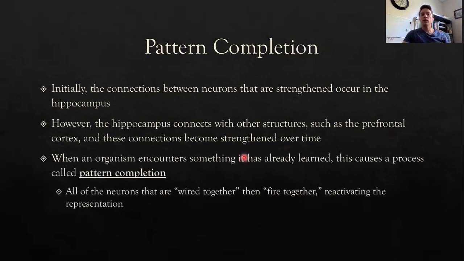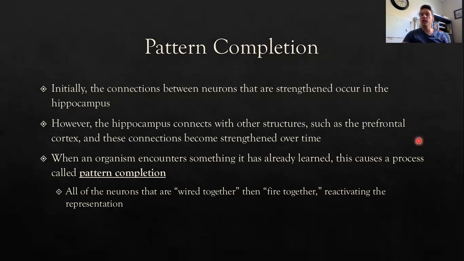And so when an organism encounters something it has already learned, or when that organism is trying to retrieve something from the environment, this causes a process that is referred to as pattern completion. Because all of the neurons that are wired together fire together when one neuron becomes activated.